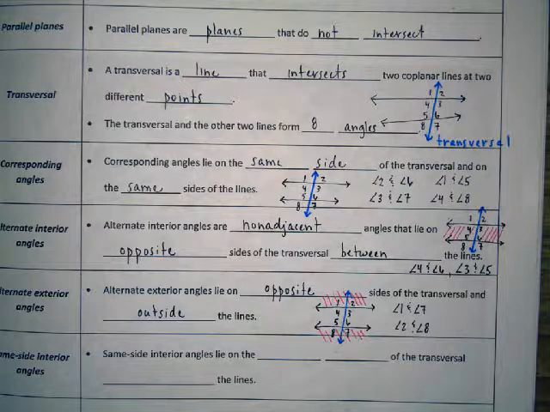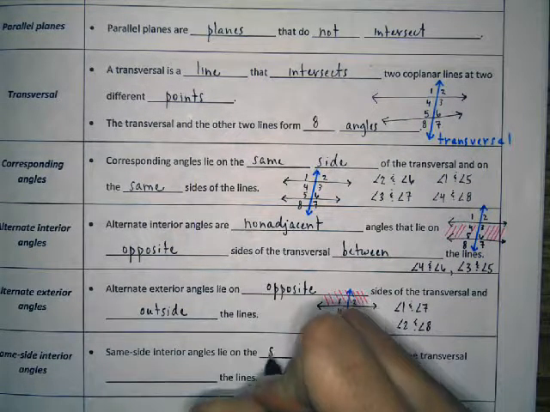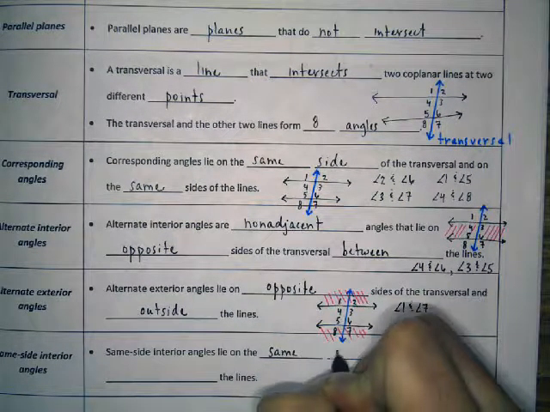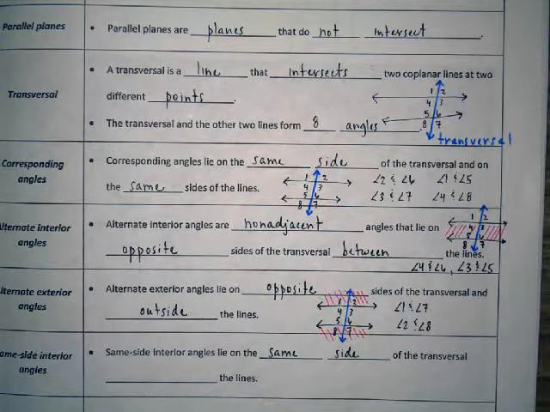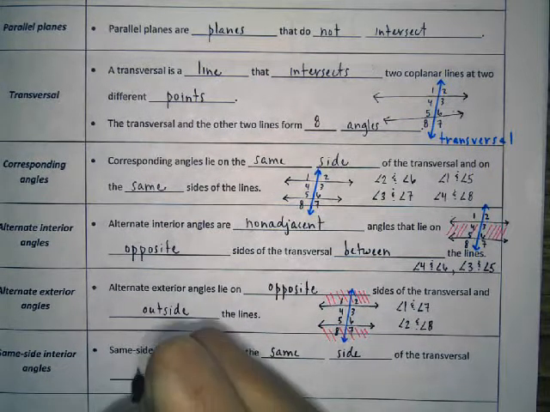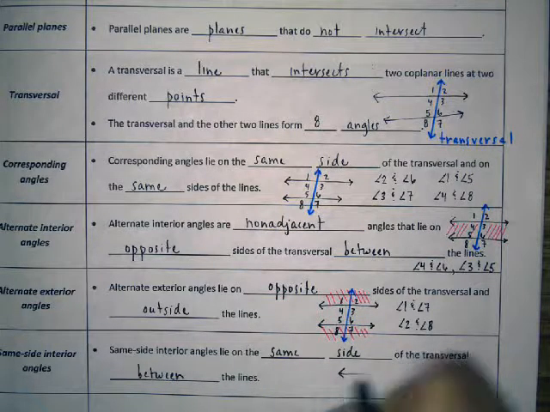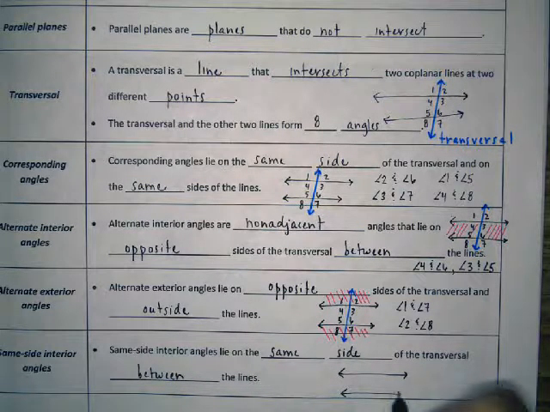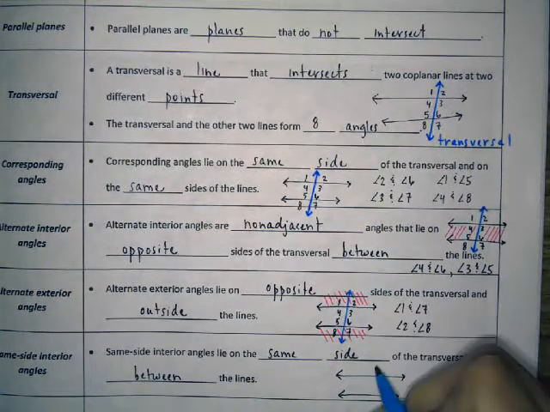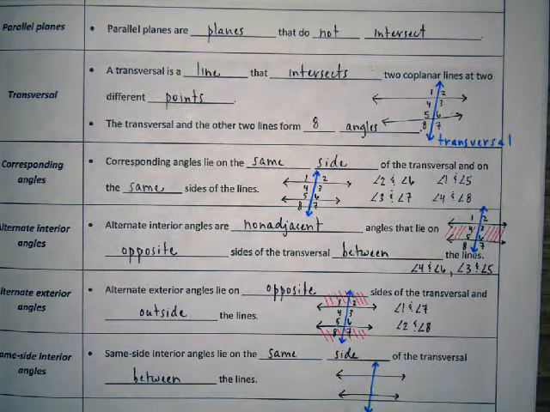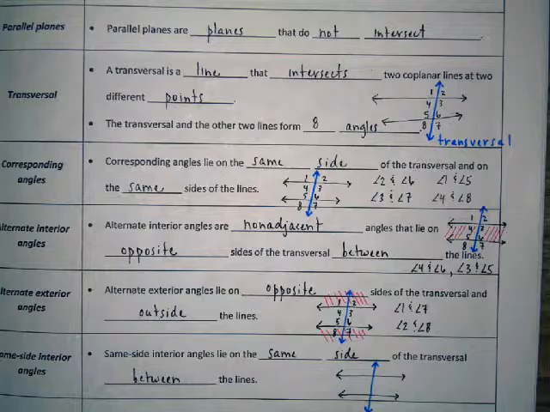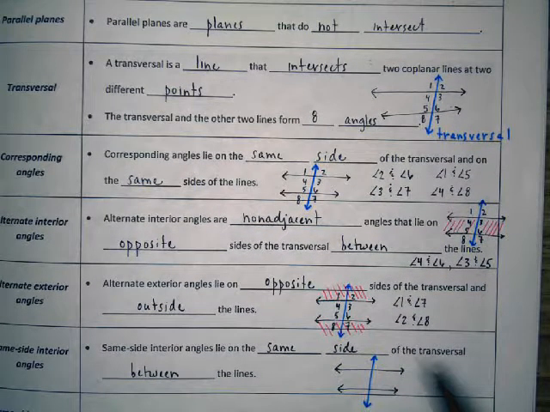Okay, so our next pair is same side interior angles. These are angles that lie on the same side of the transversal, and they're between the lines. Move this up a little bit.